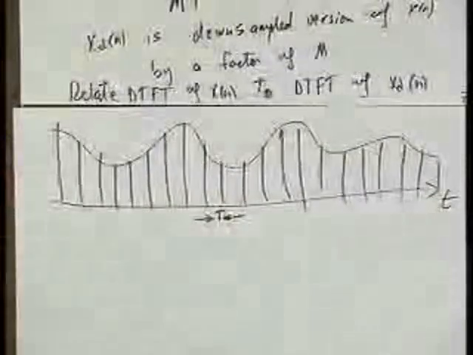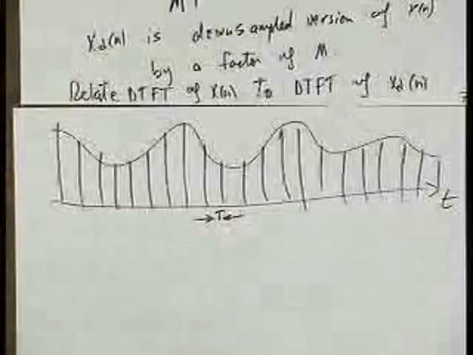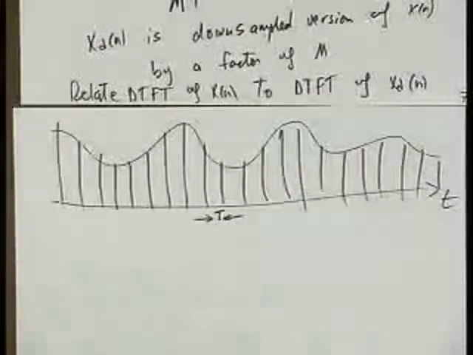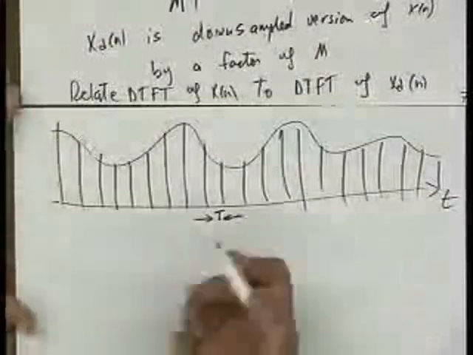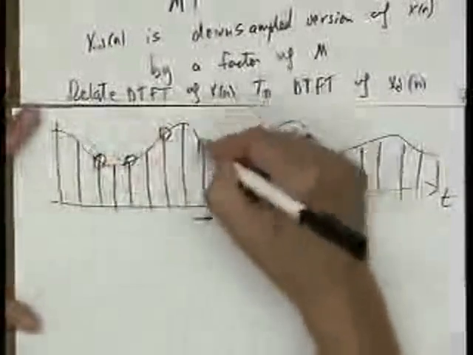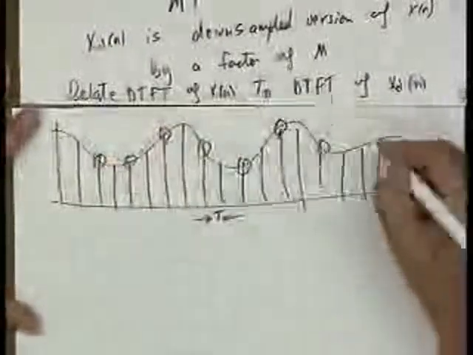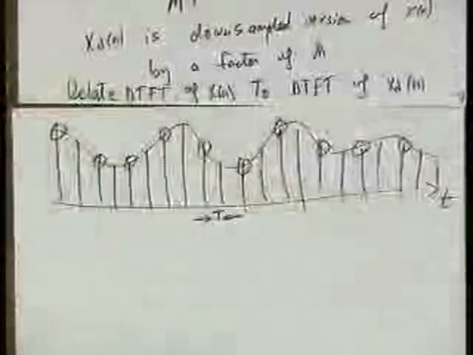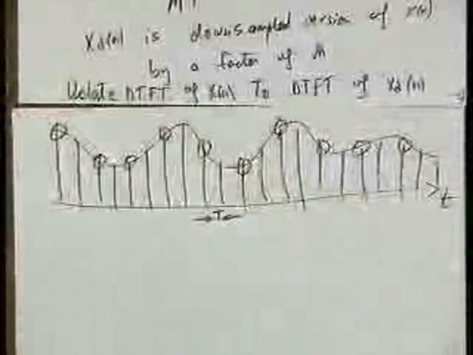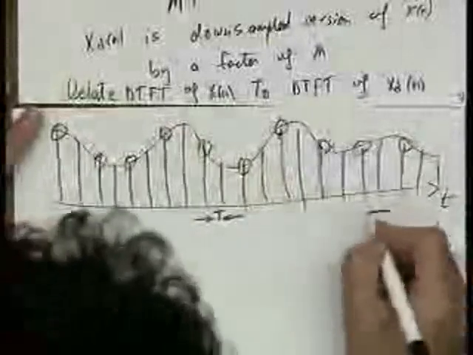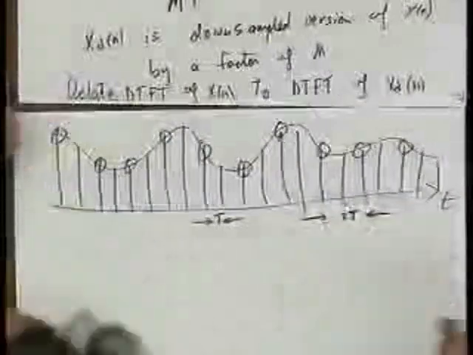And the second time over, let's say M is 2. I'm subsampling. I decide to sample it at 2T. That means I keep this one, this one, this one, and so on. And so in this case, the distance between these two is 2T.